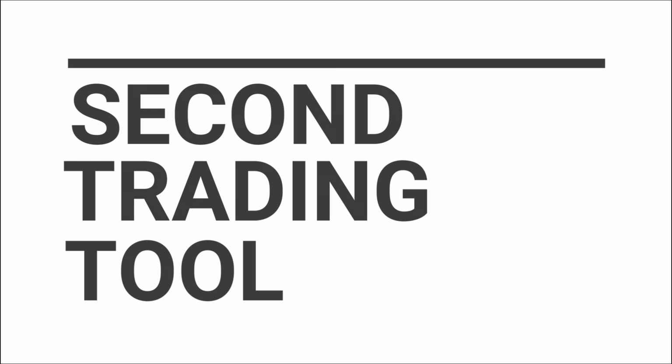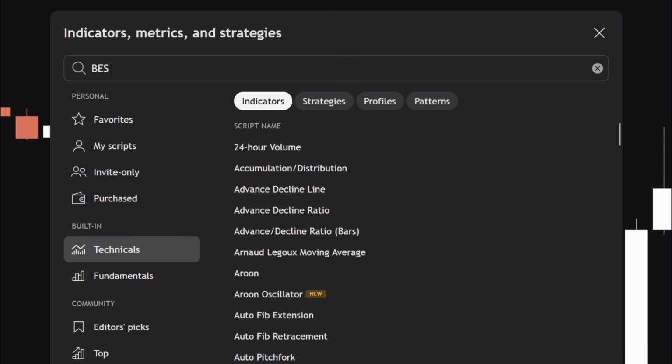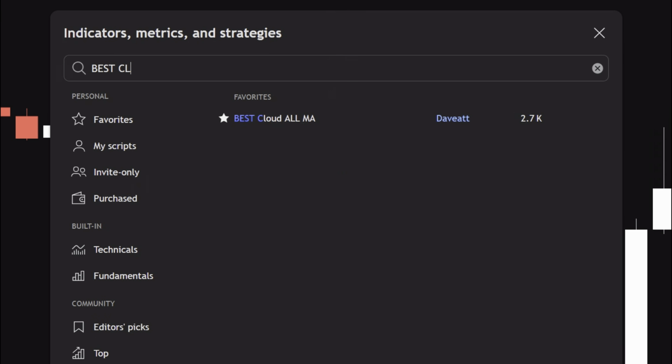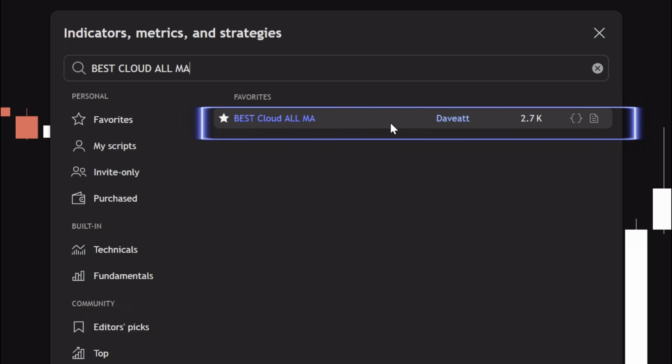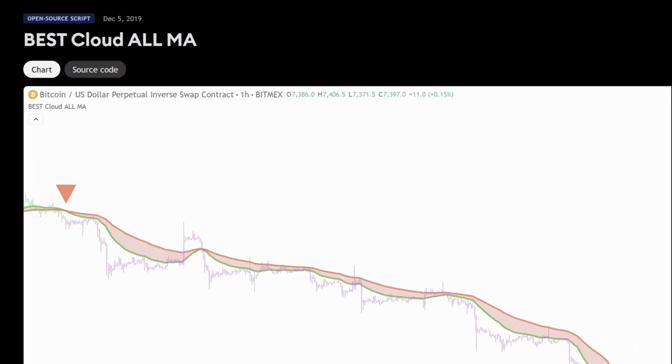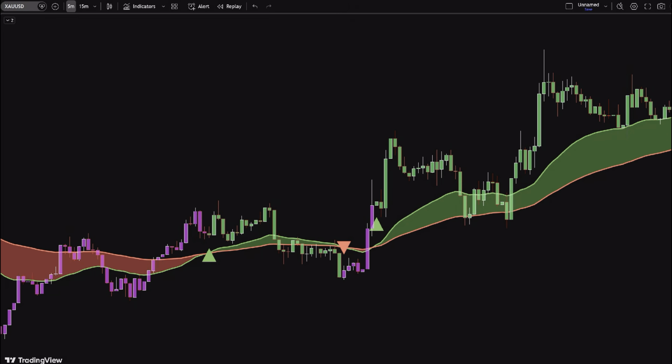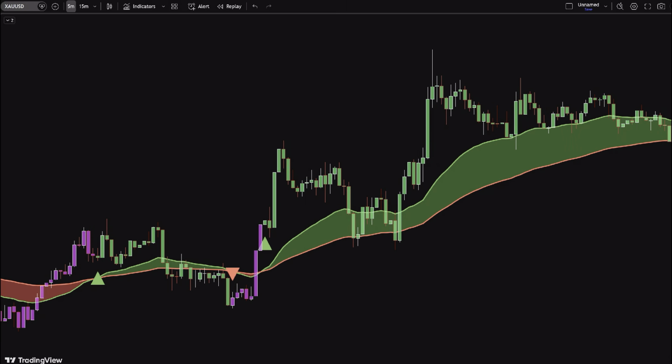The second indicator is called the Best Cloud OLMA. It's a cloud generator built from two moving averages. By default, it shows short-term crossovers and buy-sell shapes. We don't need that.